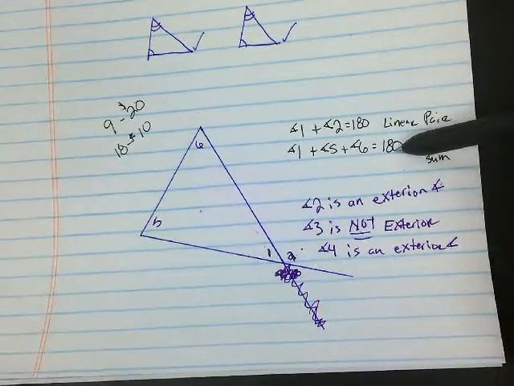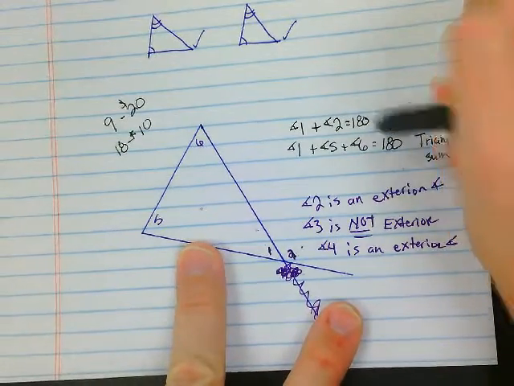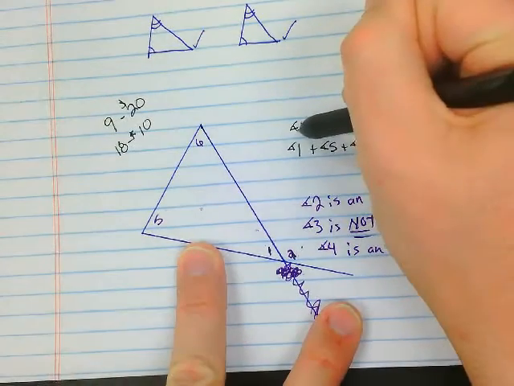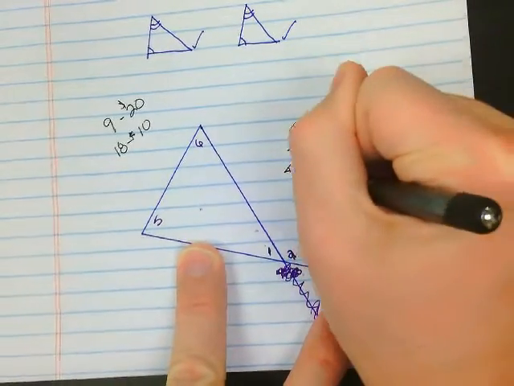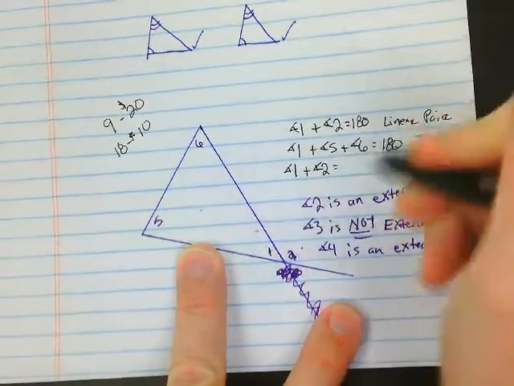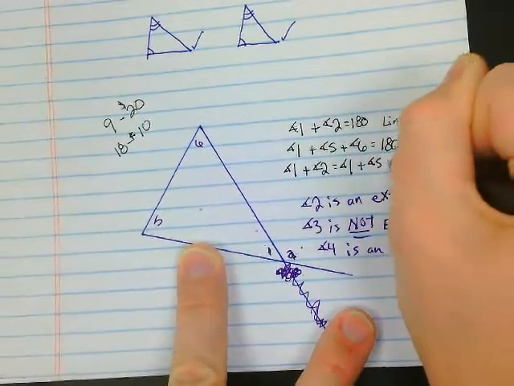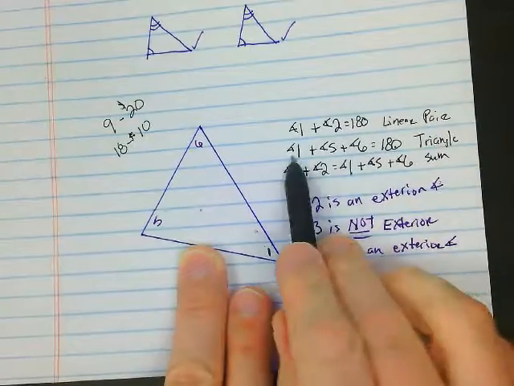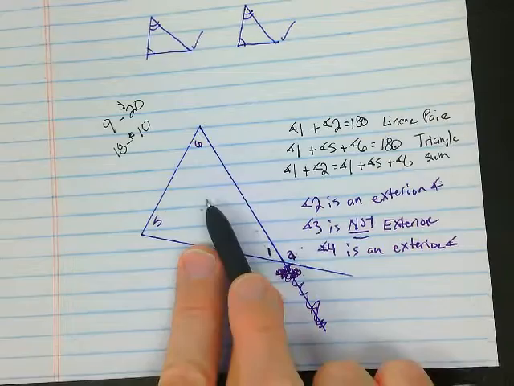So 180 is equal to 180 any time, isn't it? So if this is 180 and this is 180, it should go that, by substitution, angle 1 plus angle 2 has to equal angle 1 plus angle 5 plus angle 6, because 180 is equal to 180.